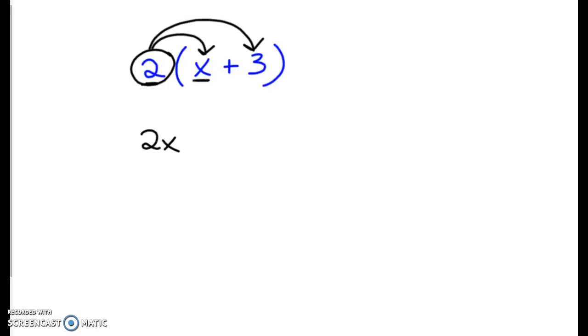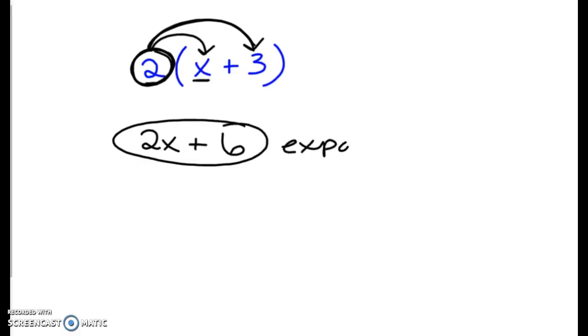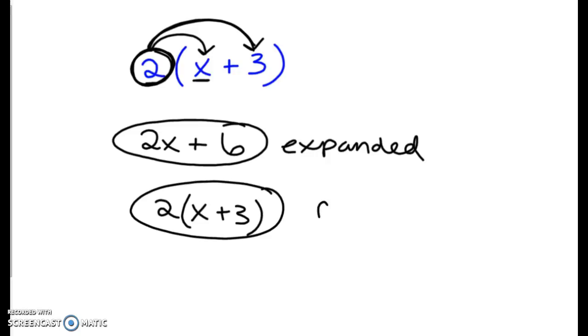And then we take 2 times 3 to get positive 6. So 2x plus 6, that is my expanded form. And then the question, which was 2 times x plus 3, this was my factored form. So anytime you see those parentheses like that, we're going to be multiplying whatever's out in front of it.